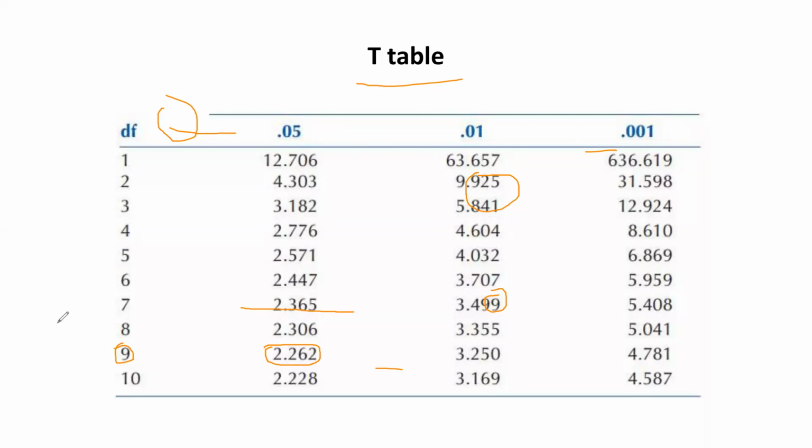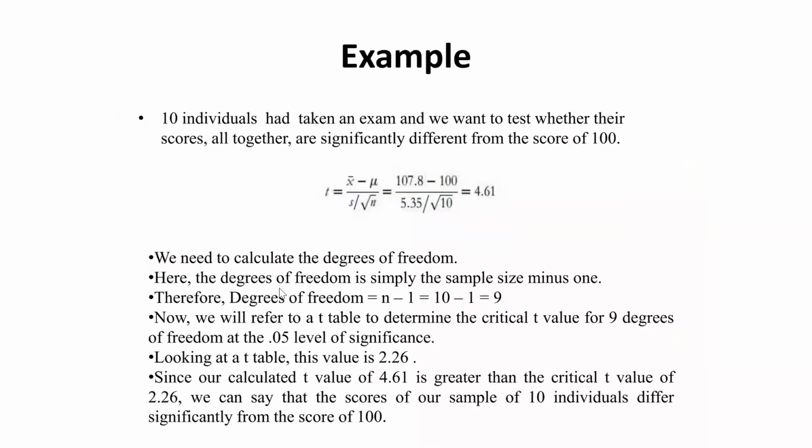So now, how are we going to represent this on a diagram? It's simple. So this is our normal distribution. And here is a rejection region, and we have our critical t value as 2.62.